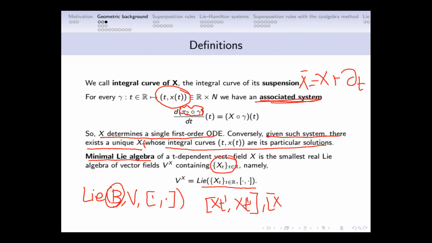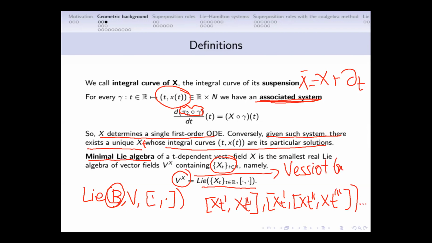All the derived series again, x at t2 with x at another t3, etc. And this is what we will call the minimal Lie algebra. And this minimal Lie algebra is called the Vessiot-Guldberg Lie algebra, that obtains all the expanded series at any time.